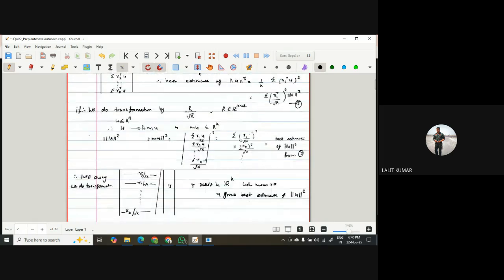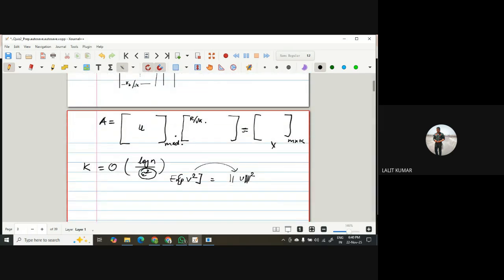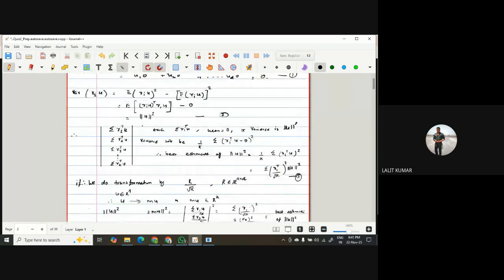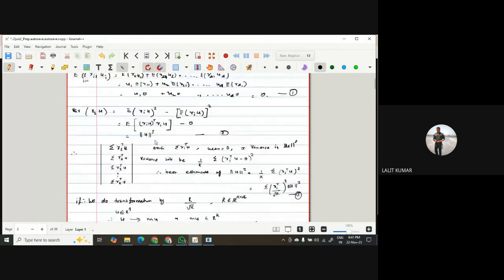We are simply multiplying with R, and these r_ij belong to the normal Gaussian distribution, 0 to 1. If we take expectation of v for every vector, it will be 0. And expectation of v² is equal to u², if it is u1, u2, u3. So that's how the distance is preserved. That's about the JL lemma.